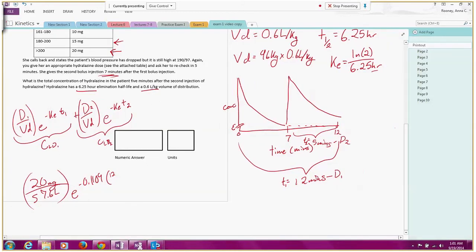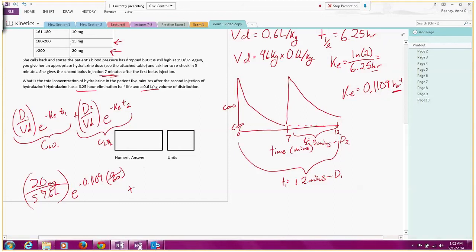Oh, I never did find that out. I did find that out, I just forgot to write it. So if you entered that into your calculator, you would have found that, which I put over here. But that is in hours, and this is in minutes, so you have to convert it to hours.